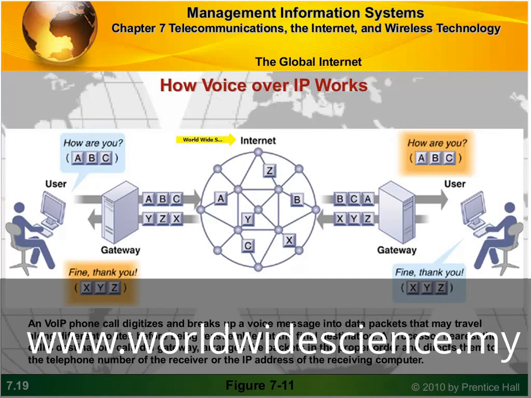That's why we call it voice over IP, because when we say internet, it means IP. It means we use an IP address. So we send voice through this IP address, through this internet, so we call it voice over IP. And this voice over IP becomes possible for us by using the gateways.